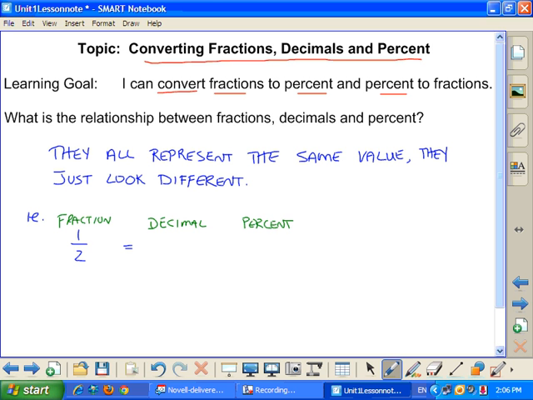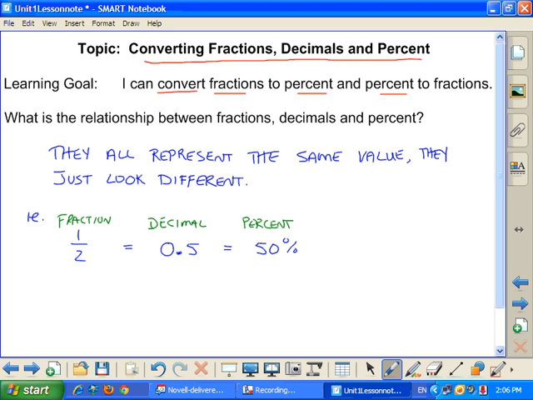So if I gave you the fraction 1/2, everyone probably can tell me what the decimal of a half is. Fraction 1/2 is the same as decimal 0.5. If I asked you what half was as a percentage, then I'm hoping everyone here could tell me we would be dealing with 50%.